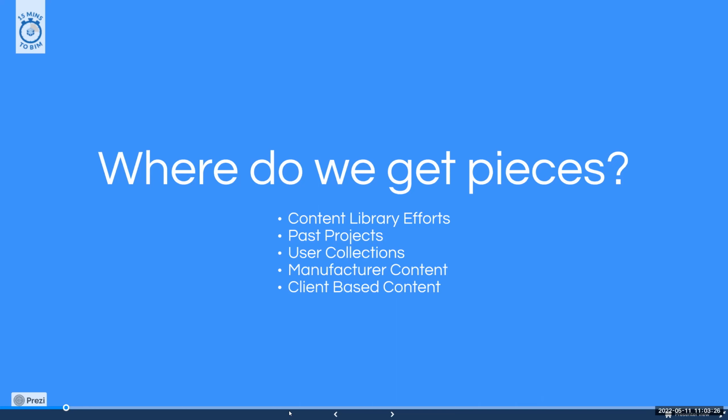So getting our pieces can really come from all these different walks, if you will, and intents. All these things are not really aligned for the one thing that you're trying to do.